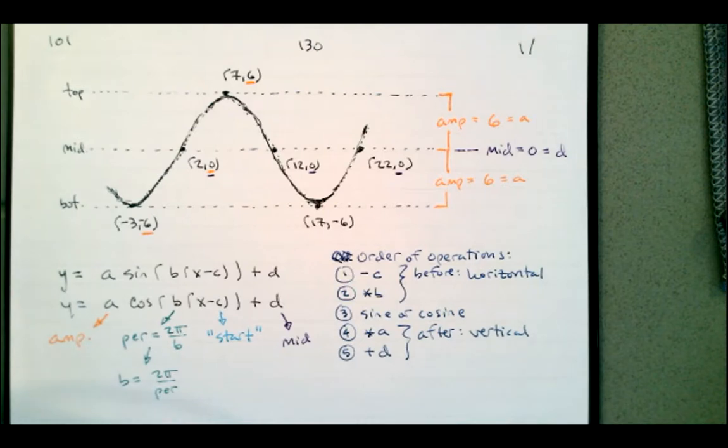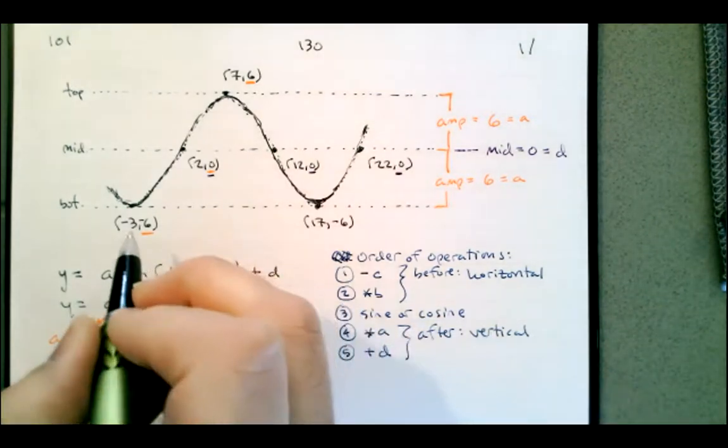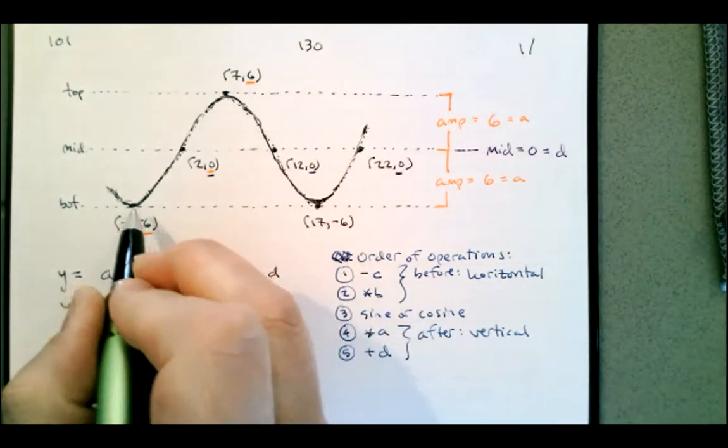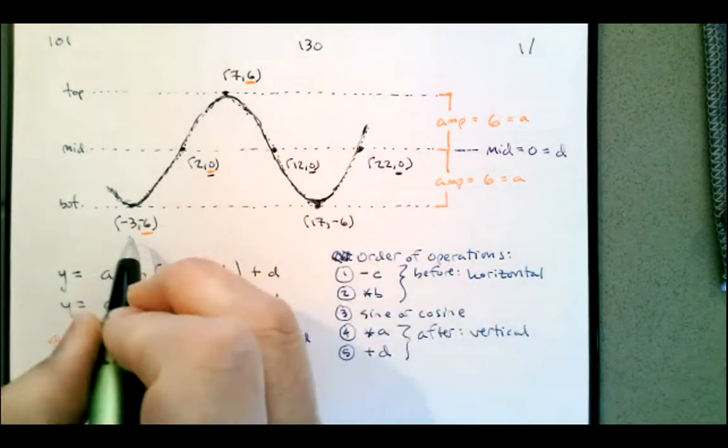Next, we need to try to figure out the period. The period is the length of one cycle between any 2 points that are at the same place on the graph. So that's going to be a horizontal thing. So that's going to be from a point at the bottom to another point at the bottom.